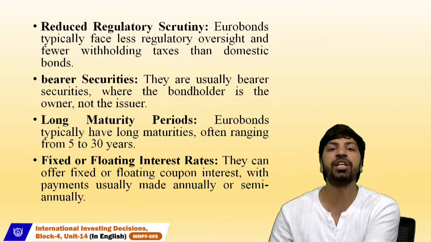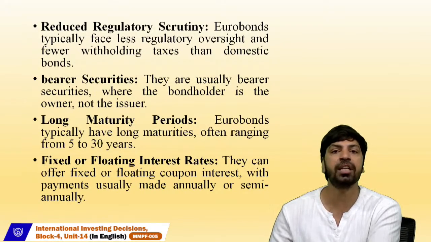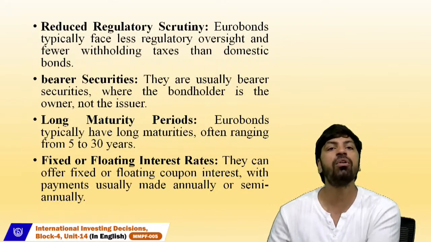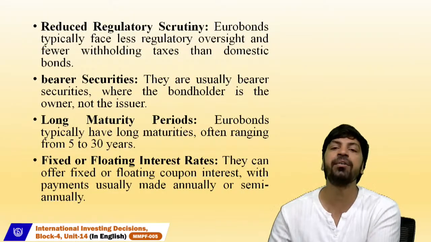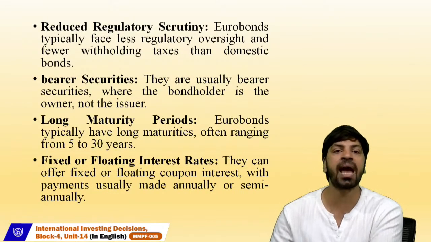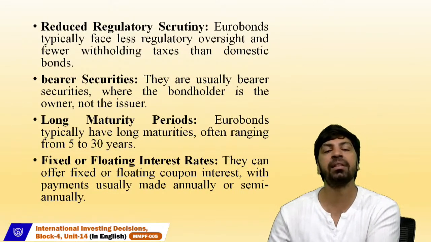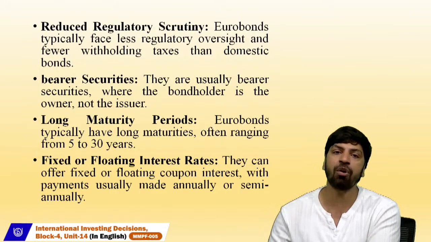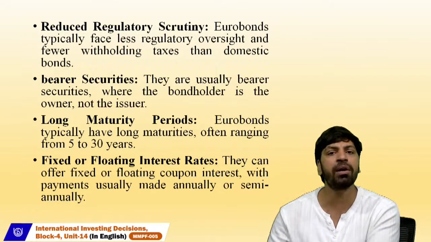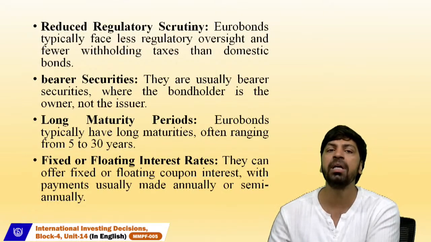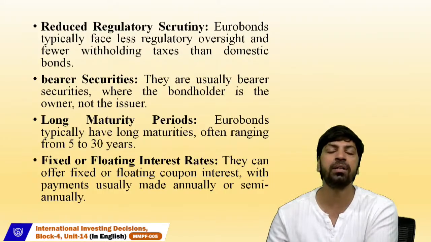Next one is reduced regulatory scrutiny. Eurobonds face less regulation and fewer tax laws than domestic bonds. Bearer securities: they are usually bearer securities where the bondholder is the owner, not the issuer.